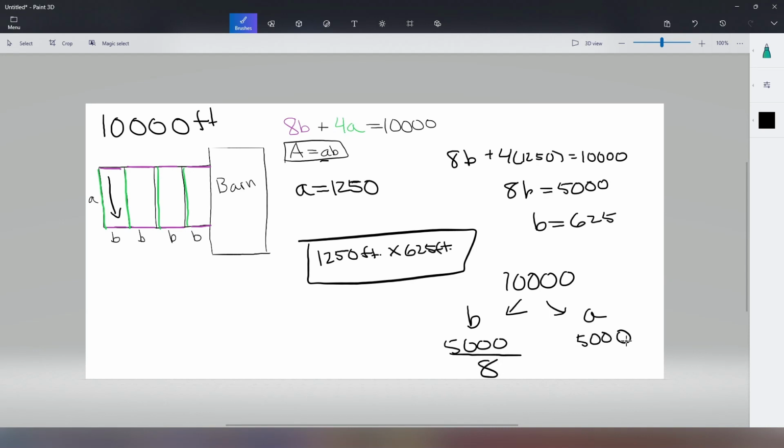And 5,000 has to be given along all 4 A segments, so divide this by 4. And you will get 625 for B and 1,250 for A. This is a very good way to double check and to make sure that your computation is accurate.